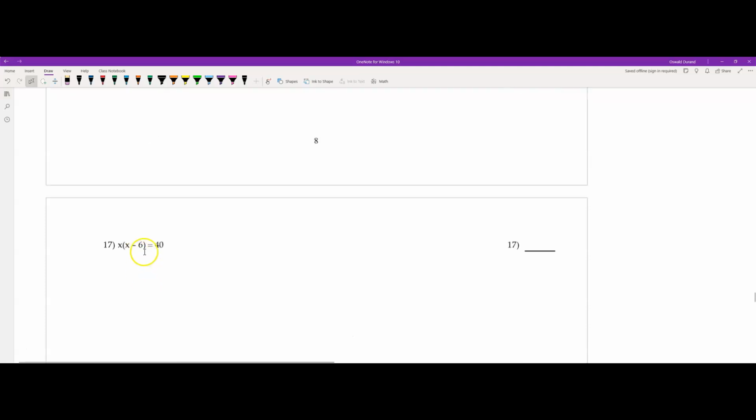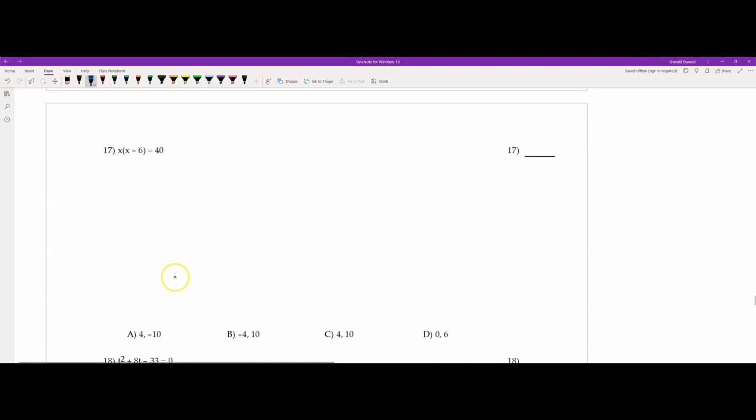All right, so you may get something like this, right? So don't get scared. So again, polynomials should be equal to 0. So you say x times x minus 6 minus 40 equal to 0. But you look at this, you're like, oh, this looks strange.